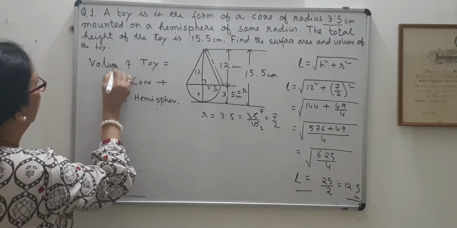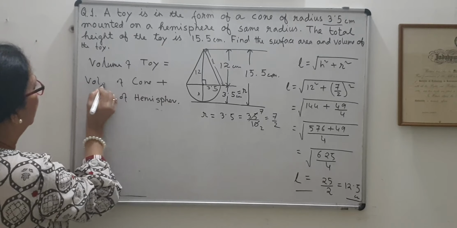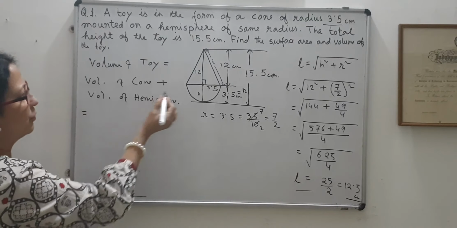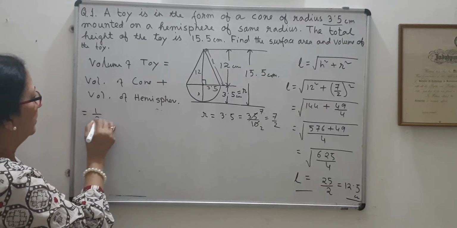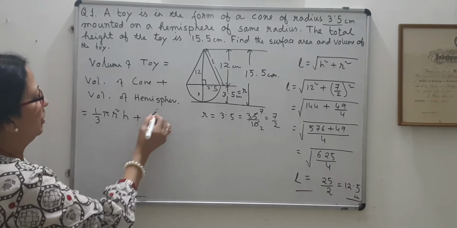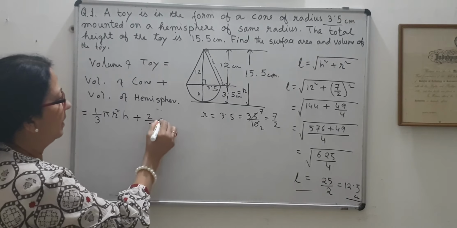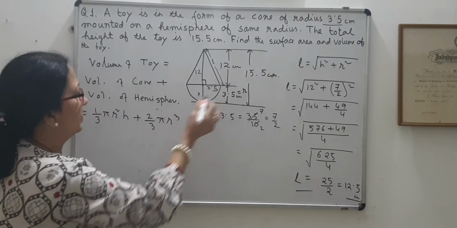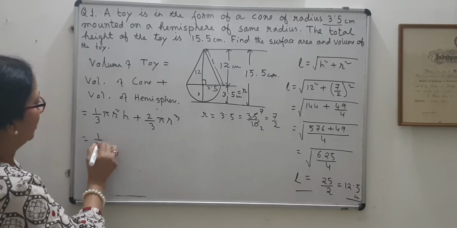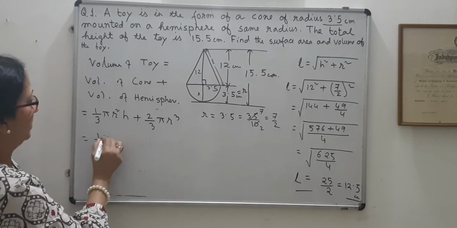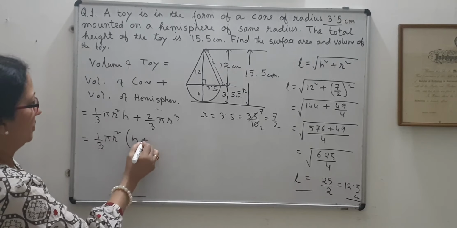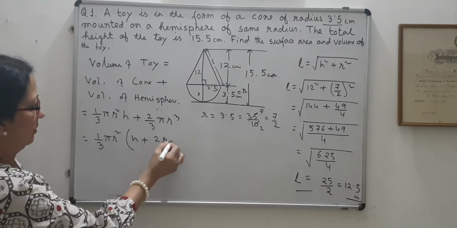So the formula will be volume of cone, you know, 1/3 pi r square h, and volume of hemisphere 2/3 pi r cube, because radius is same, so same r. So now again I'll be taking common. You see the calculation management. 1/3 pi r square can be taken common. So h plus 2r. Okay.